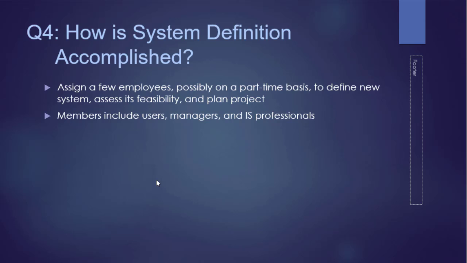The technical feasibility we're probably all familiar with: does the technology exist to allow us to do this? The organizational feasibility is: do we have the right people in place in order to develop this system? Maybe we have outsourced some of our IT department and we no longer have the programmers there that we once did, so we can't get that done going that route.